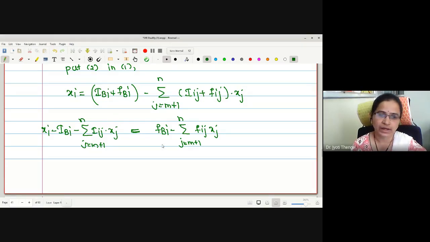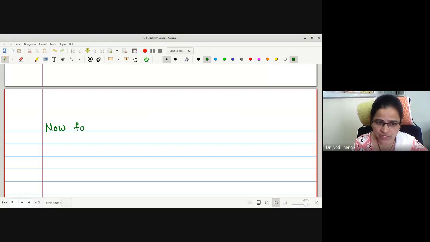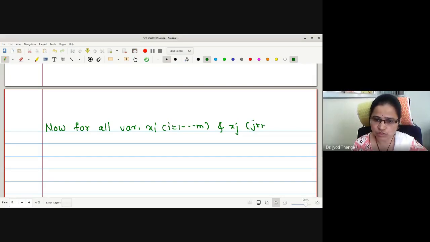I just want to know the relation between the terms. Let me write: for all variables xi, i equals 1 to m, and xj, j equals m plus 1 to n, to be integer value.